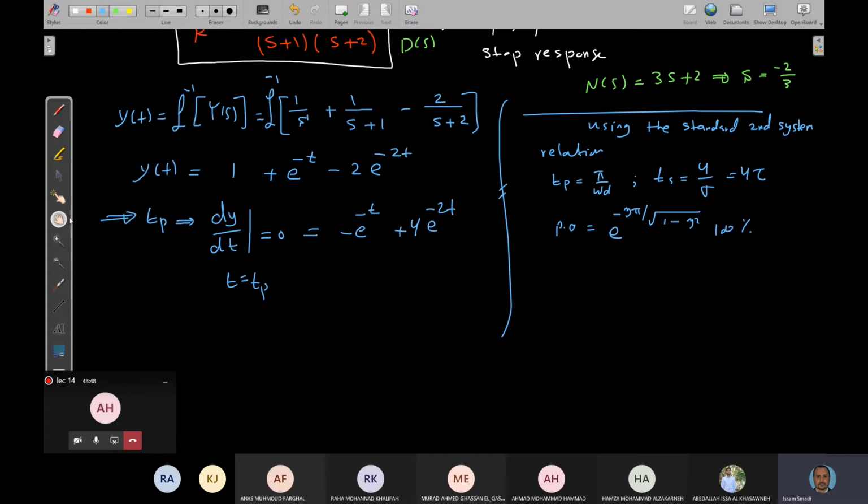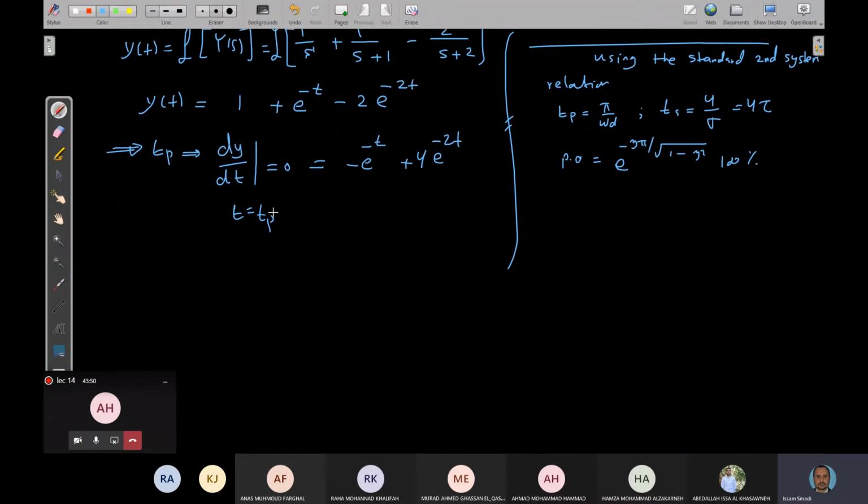Now if I need to solve this one, I would say let x equal exponential minus t. So I will end up with a very simple equation to be solved, equal to 0. And from here, either x is equal to 0 or x is equal to 1 over 4.